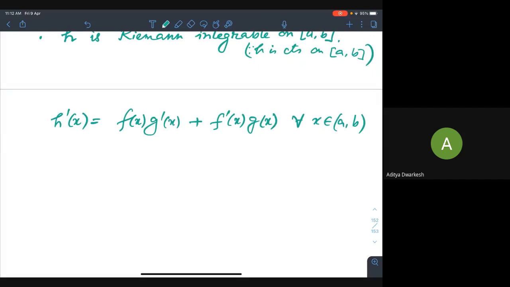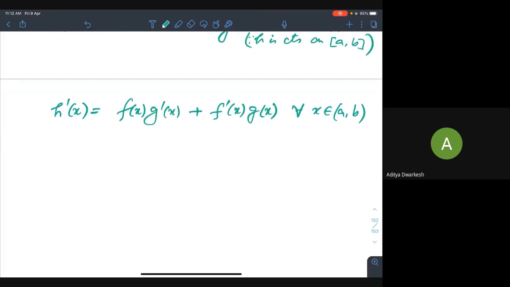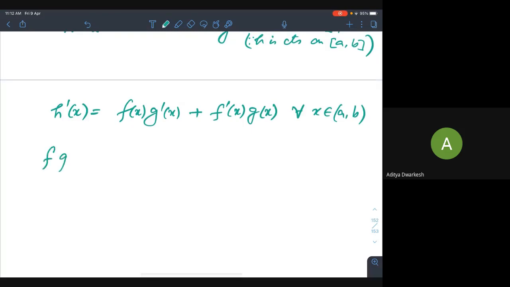Now the point is, here is an exercise to check: f g prime is Riemann integrable.